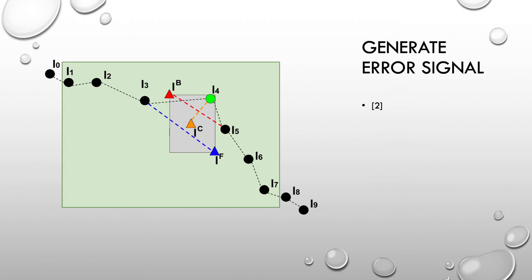The distance between the actual midpoint, which is I4, and IC, which is the interpolated midpoint. IC is positioned using two extrapolated points, LB and LF, in a backward and forward manner. The use of two extrapolations in a forward and backward way helps to soften the error signal and provides robustness against some GPS noises such as jump noise and gaps.